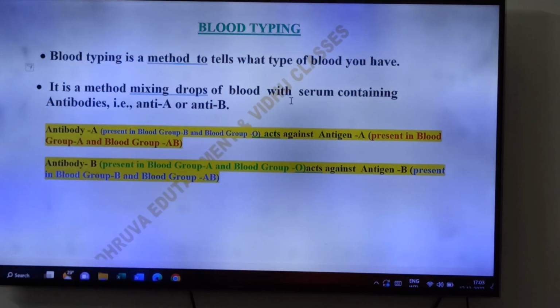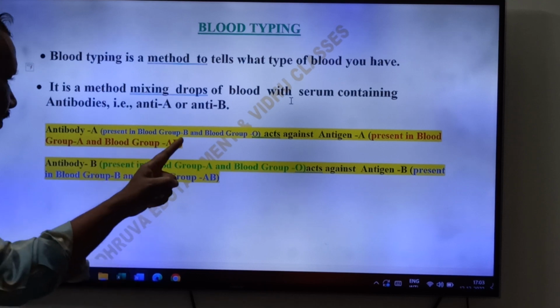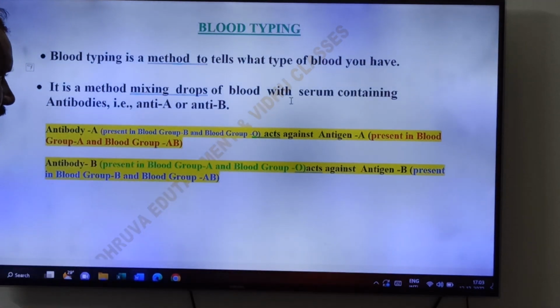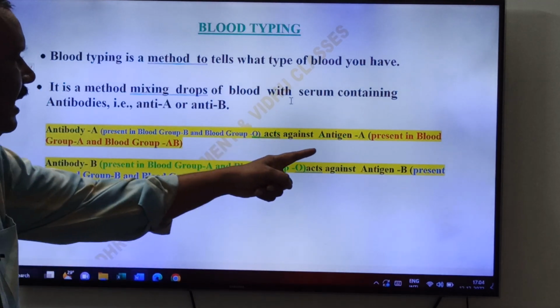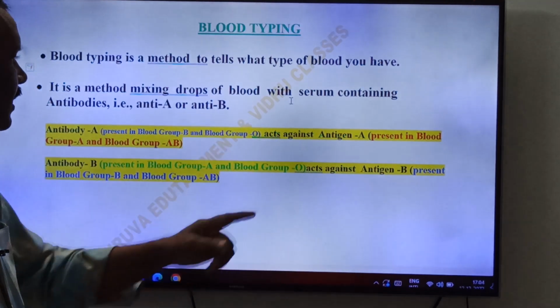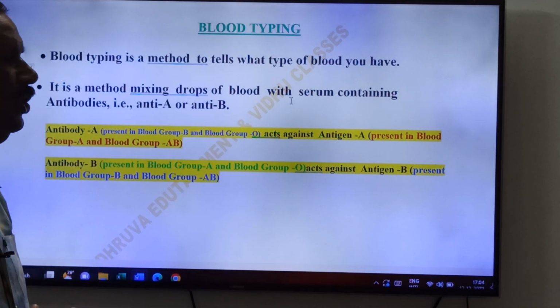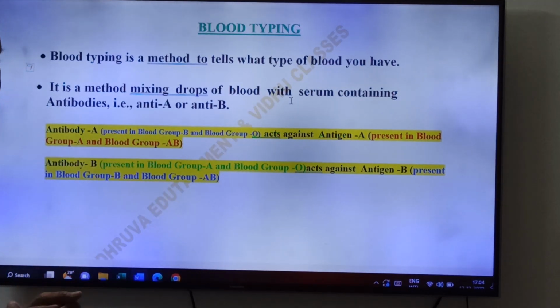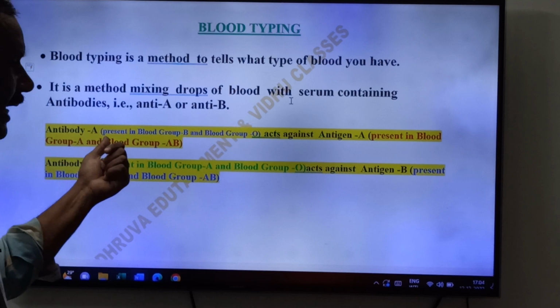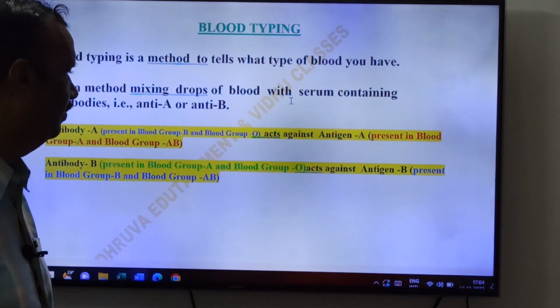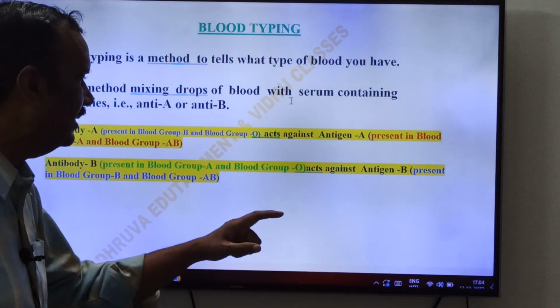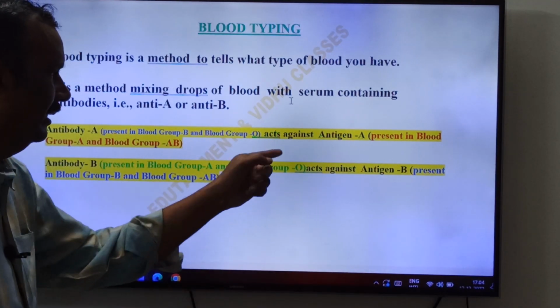See, friends, here. Please don't write this in the exam, friends. Antibody A, you know it, friends, is present in blood group B and blood group O. It acts against antigen A, present in blood group A and blood group AB. Once again, friends, antibody A, present in blood group B and blood group O, acts against antigen A. Where do we have antigen A?